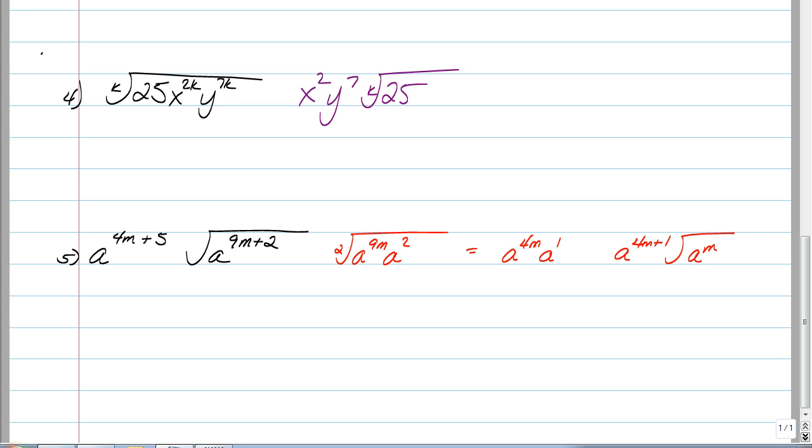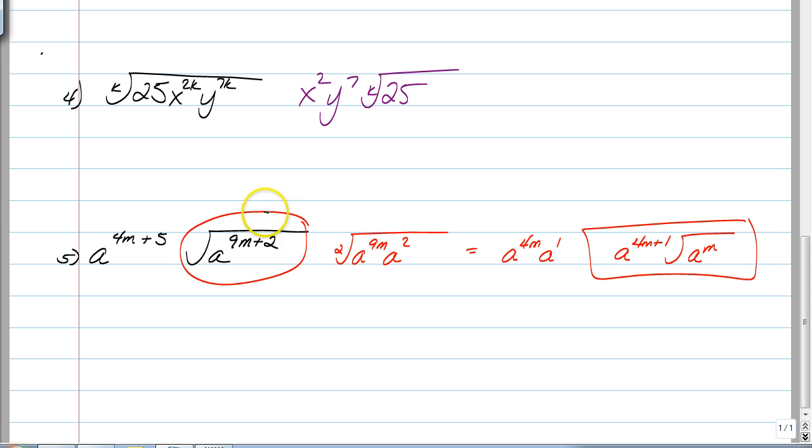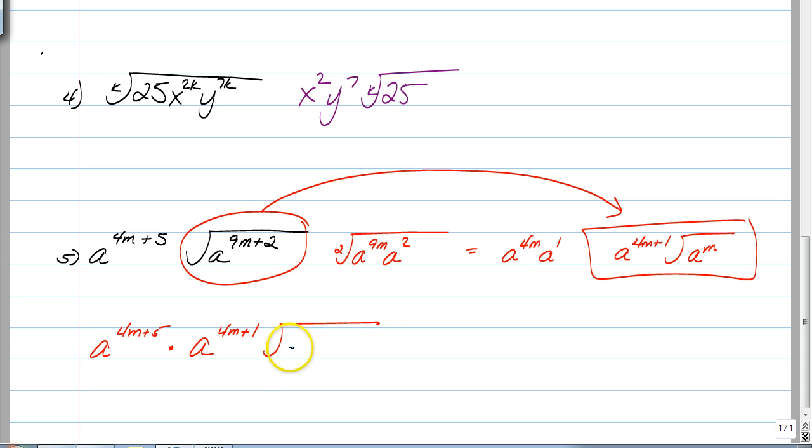And then we have this simplified for just the radical piece of it. You have to remember, we still have an a to the 4m plus 5 outside times a to the 4m plus 1 root a to the m.